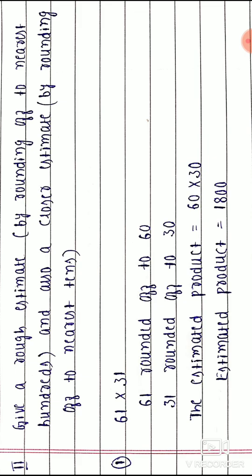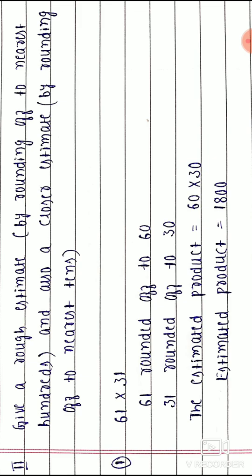61 into 31. So here you have to round off in both ways, that is rounding off to its nearest hundred values and also a closer estimate by rounding off to its nearest tens values.